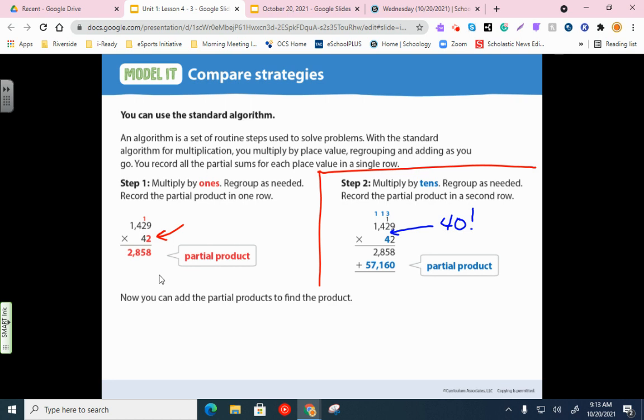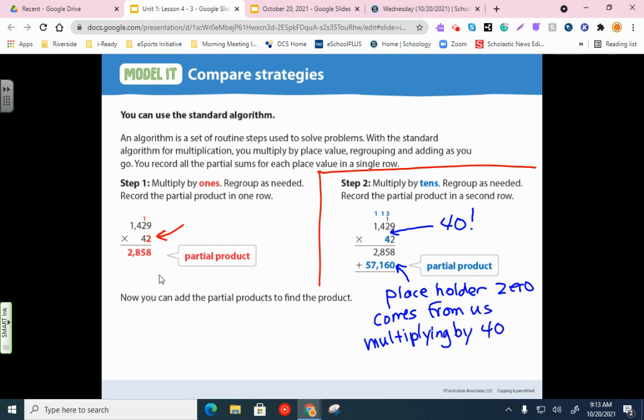And it's the reason we get this 0 right here. Anytime you've got your placeholder, the placeholder 0 comes from us multiplying by 40, or the tens in this case.